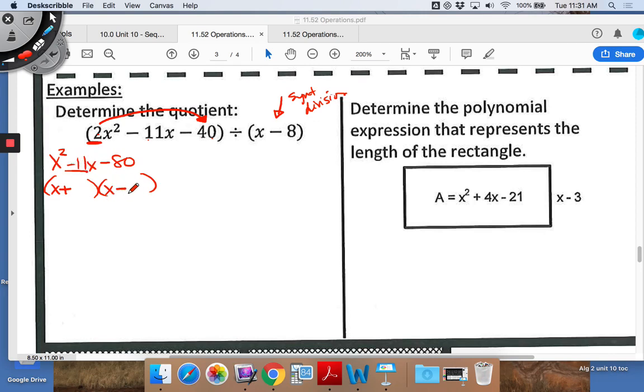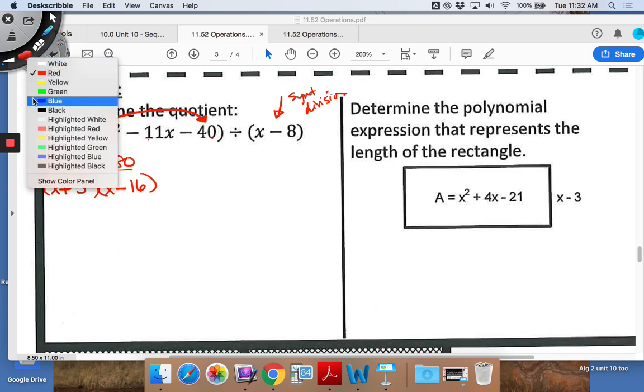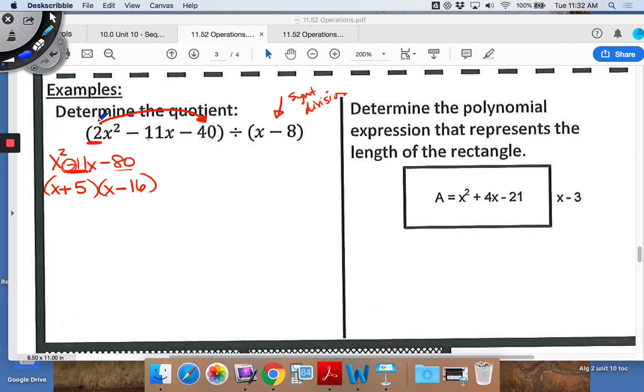So whichever is my bigger factor is going to go next to the negative sign because that's negative in the middle. So it turns out negative 16 and positive 5 multiplies to give you negative 80 and adds to be negative 11. But I'm not done because I'm doing bottoms up. I let it borrow a 2, so I have to divide a 2 out from both factors.